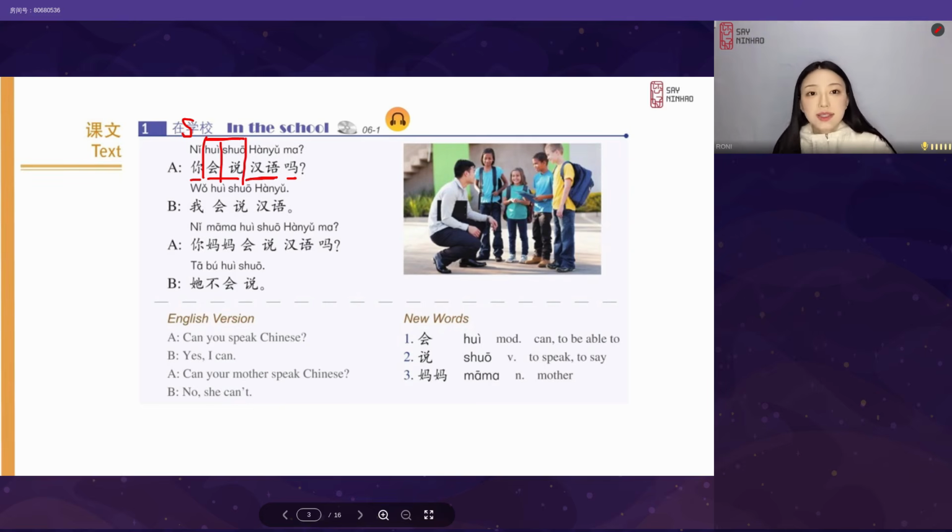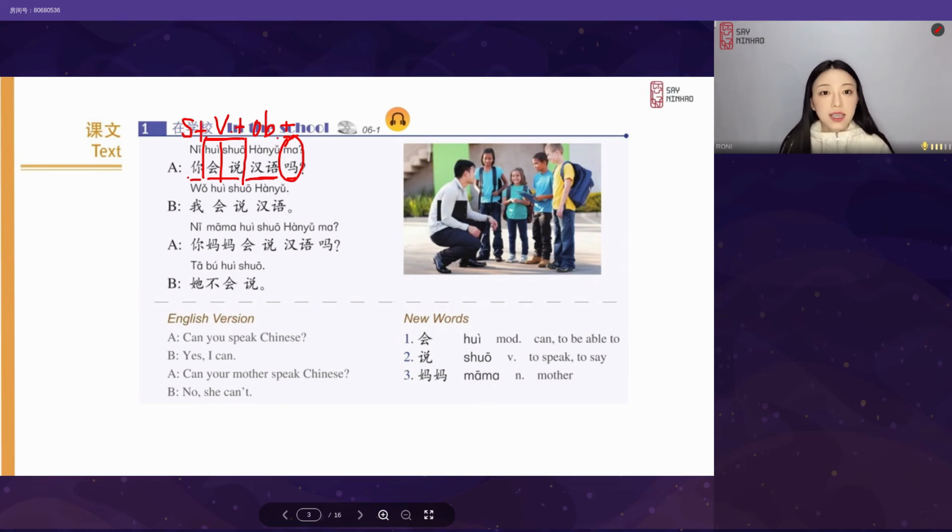And 汉语 means Chinese, the language. And ma is the interrogative particle. Every time we see a ma, we can see it is a question, right? So we can see here the structure, the subject plus the verb plus an object and plus a ma is the question.